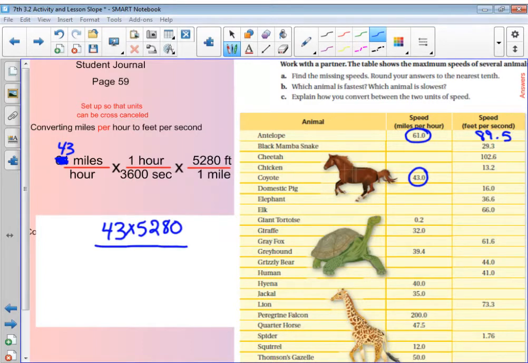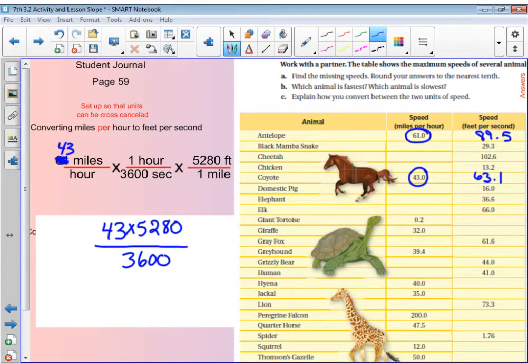And on the bottom, I have 1 hour times 3,600 times 1, so 3,600 is the number that's going to be on the bottom. So 43 times 5,280 is 227,040, and I'm going to divide that by 3,600. When I do that, I get 63.06. So that first 6 is going to tell that 0 to become a 1. So we would get 63.1 for that one.